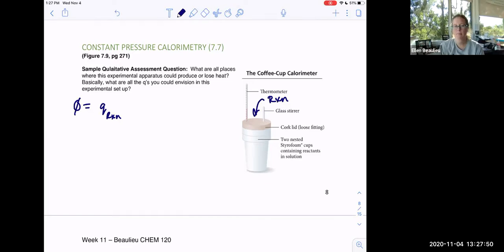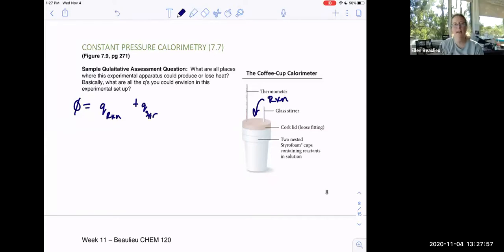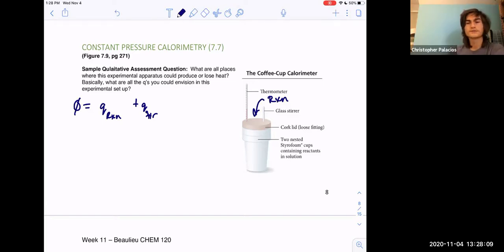I think the glass stir. Okay. The stir, I agree. It's stirring up the reaction. It's right there in the mix. Literally mixing. It could take some heat. I agree. The thermometer.